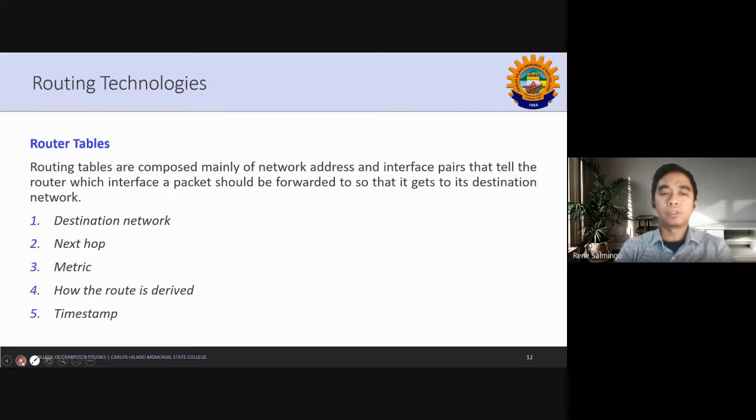So this is what I already performed last time in Packet Tracer. We discussed how the route, or the packet, is being traced to each destination.